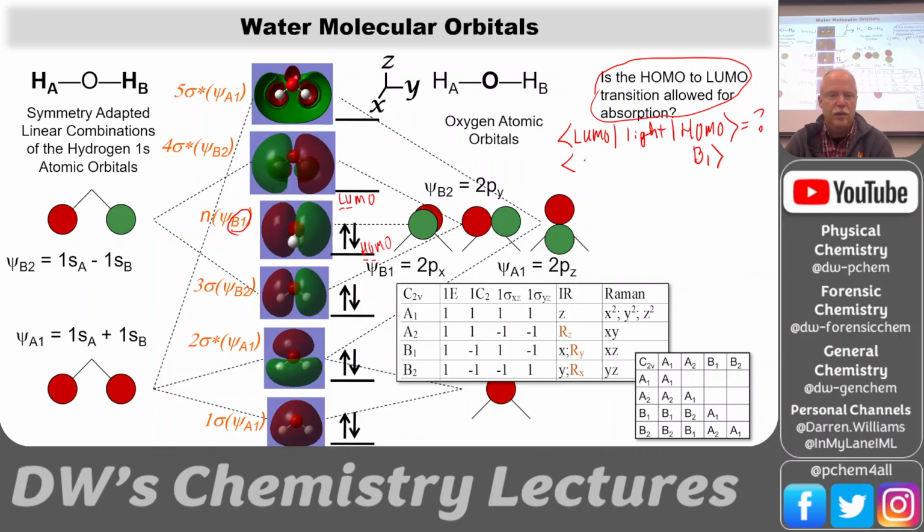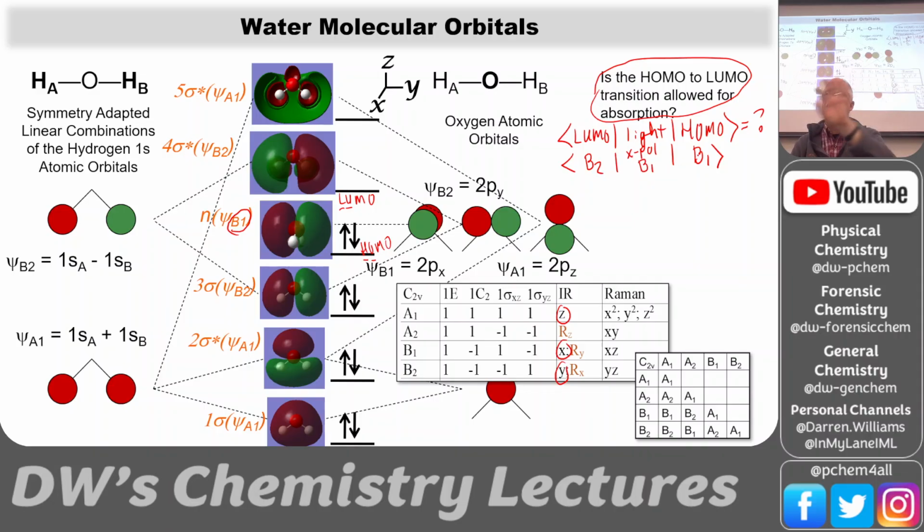And the LUMO is B2. And we have three forms of light: X, Y, and Z. So we really have to do this three different times. Let's just pick X polarized light. So X polarized light is B1.